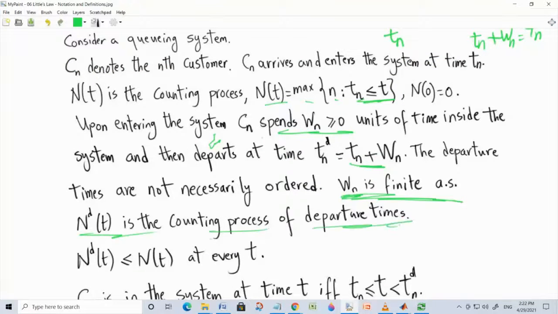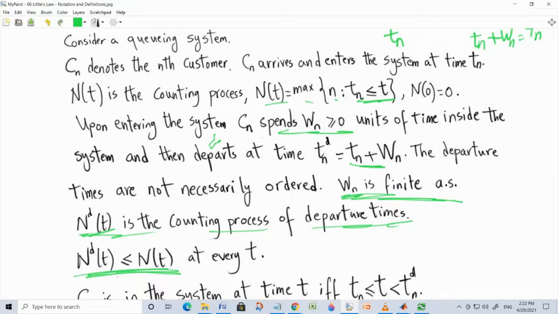You can count, of course, the departures. You can have a counting process for departures. So in queuing systems, you can have two counting processes. It's a more sophisticated version of a count. It's not just one counting process, because you can keep track of the arrivals, and also of the departures.